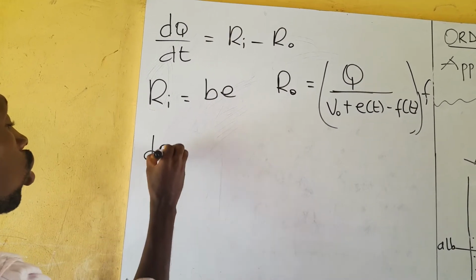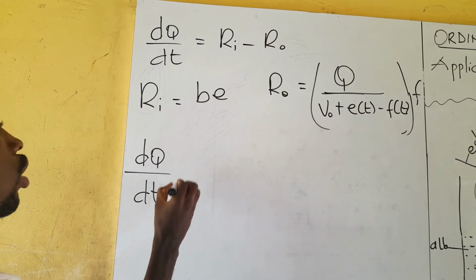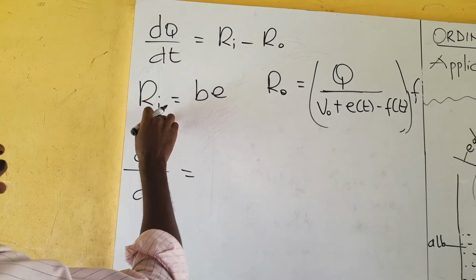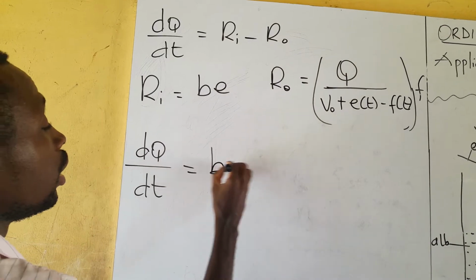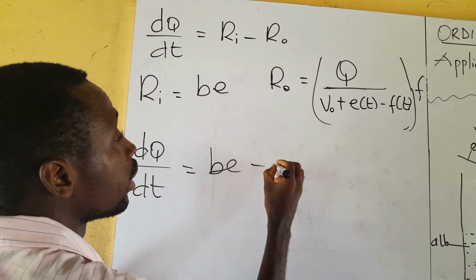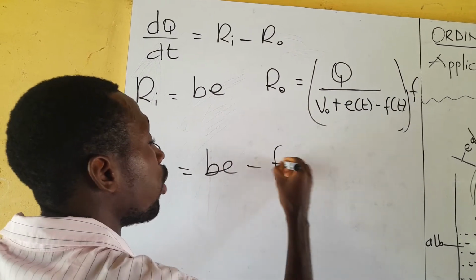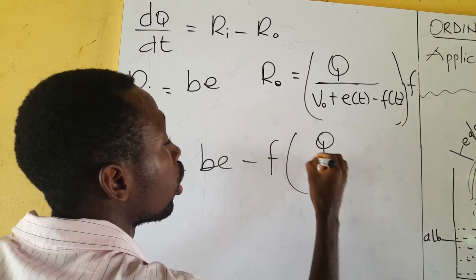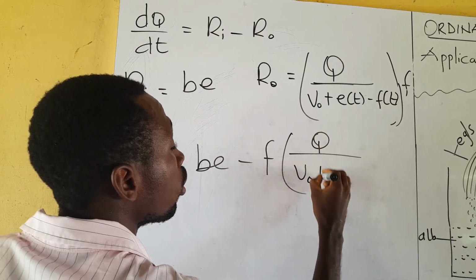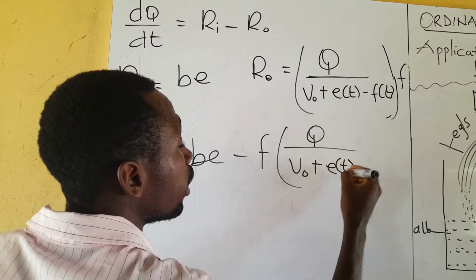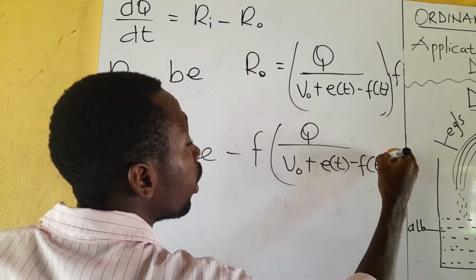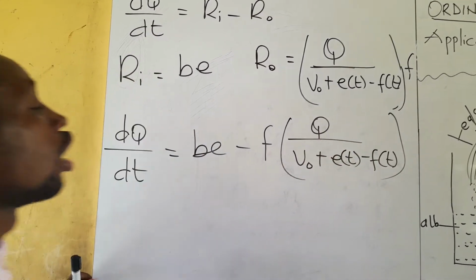So the quantity of salt at any point in time, dQ over dt, equals the one that enters, which is BE, minus the one that comes out. So let me write the F first to multiply that: F times Q over V naught plus E at any point in time minus F at any point in time. I hope you get that.